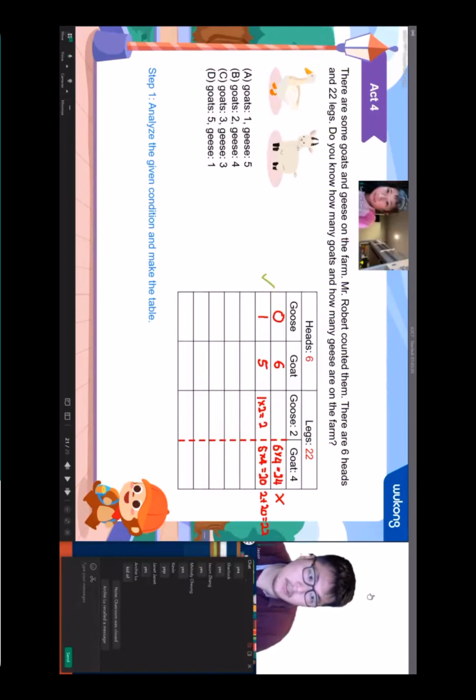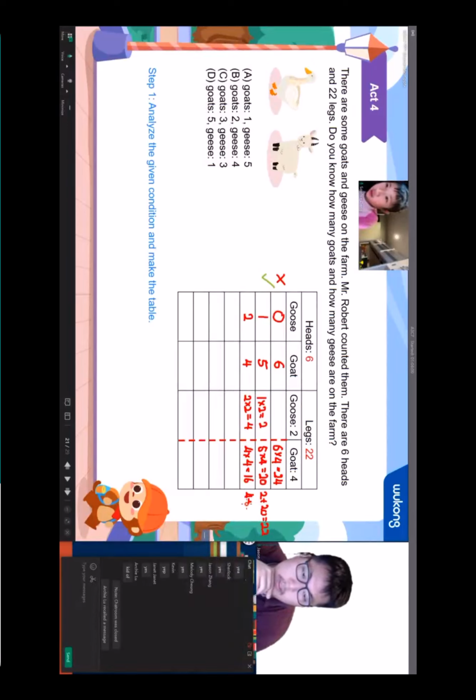So let's write it down here. I can see why you stopped there, but we may have more answers, don't you think? So we need to check. So 2, and then how many for goat? 4. So 2 times 2 is 4, and 4 times 4 is what? 16.